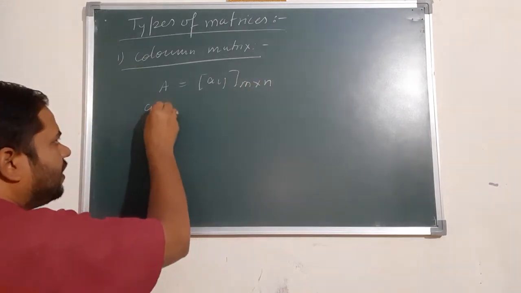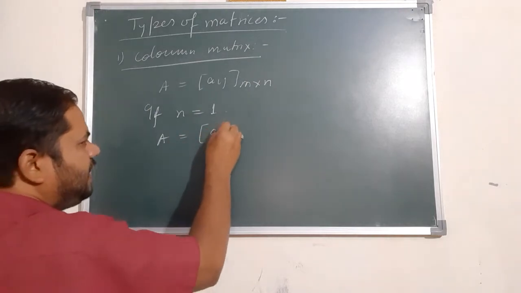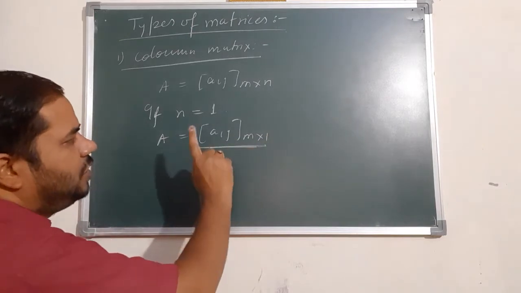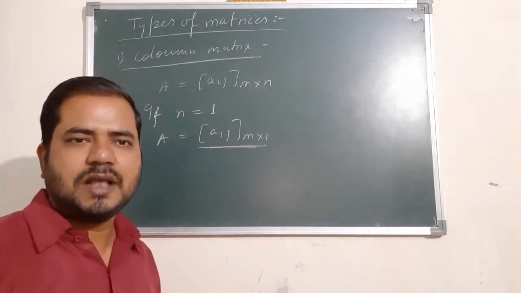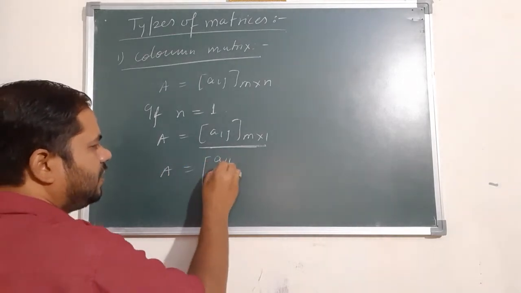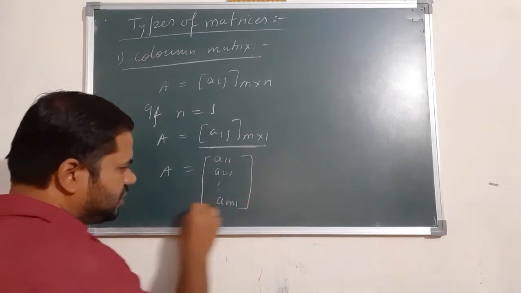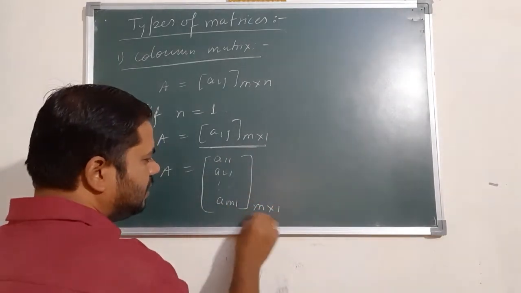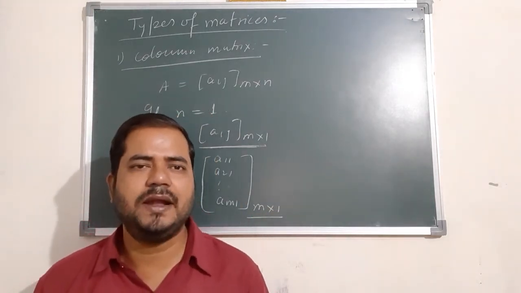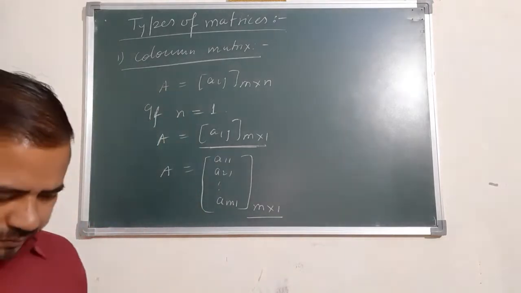So if n is equal to 1, then the matrix is [Aij] m cross 1. That is only one column, so many rows, that means m rows. So if you expand it, A11, A21, dot dot, Am1. So this particular matrix is known as column matrix. That means a matrix is said to be a column matrix if it has only one column. Okay, so note it down.